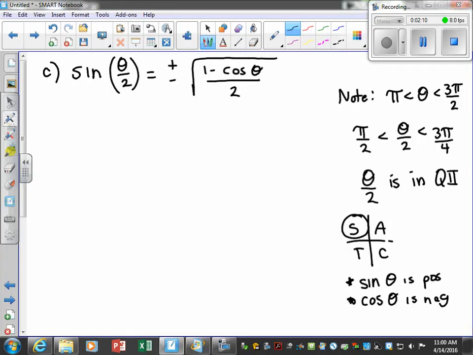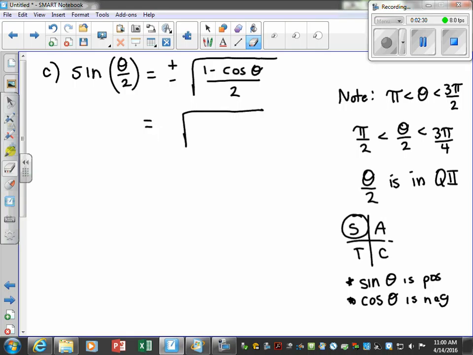Alright, so let's jump over to our formula. We've done pretty much all the background work, and at this point I'm just going to carry down plus or minus. Or I could actually just go ahead and say, what are we finding? The sine of theta over 2, we said theta over 2 is in quadrant 2, so what about the sine of theta? Positive.